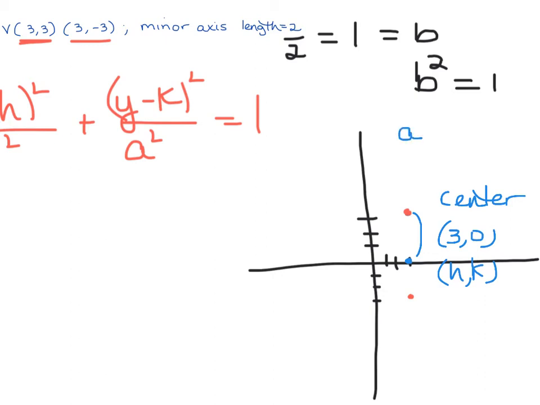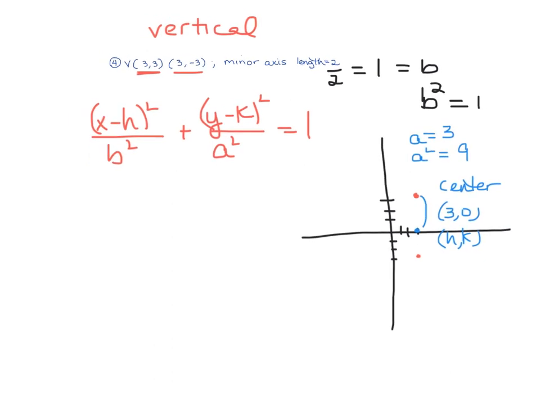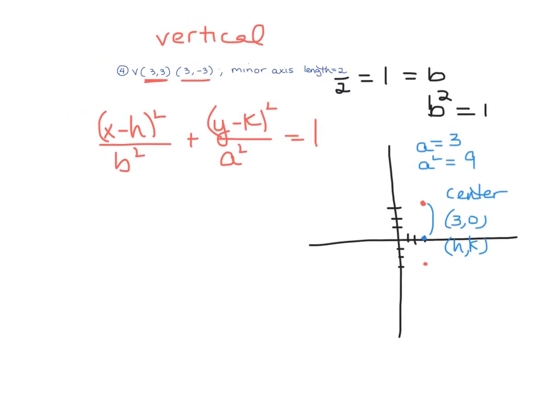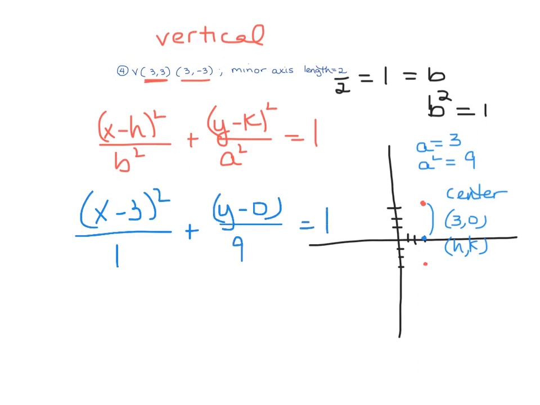So my A value is 3, and A squared is going to be 9. So I don't need to find the C value here, because all I need is A squared and B squared, and I found the h and the k. So x minus h, which is 3, squared, over the b squared, which is 1, y minus 0, which is the k, over 9 equals 1.